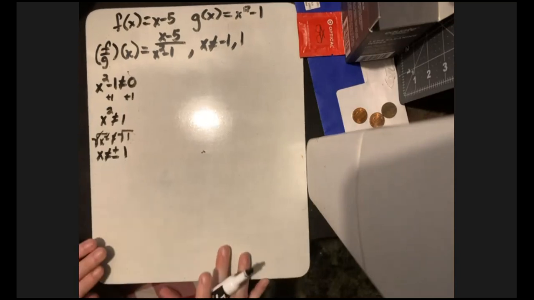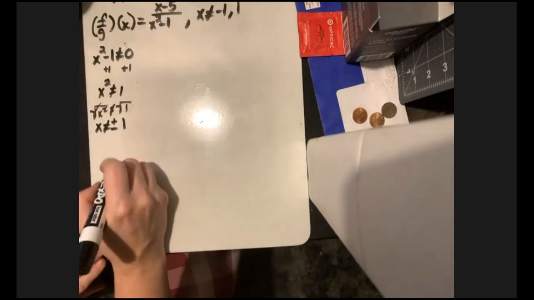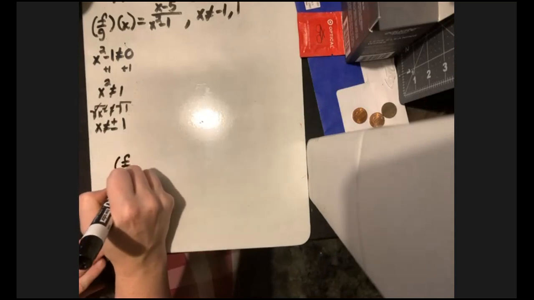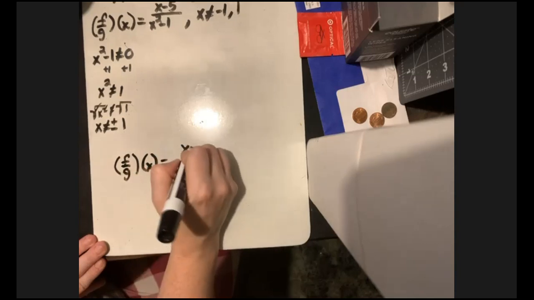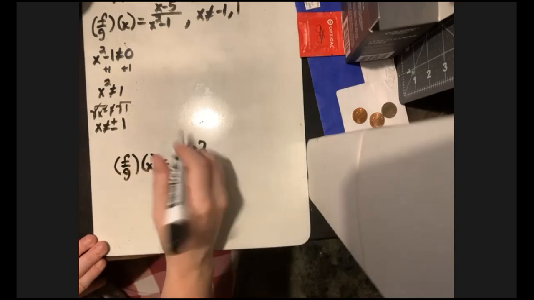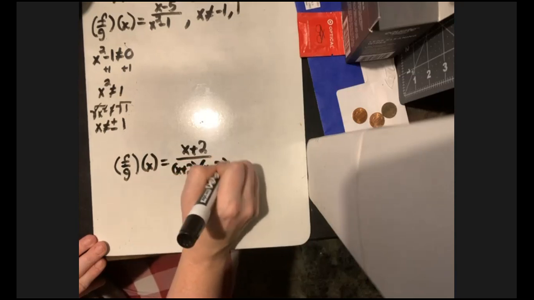Now, separate side note. Let's say, for example, that you had your f over g of x be something like x plus 2 over x plus 2 times x minus 3.